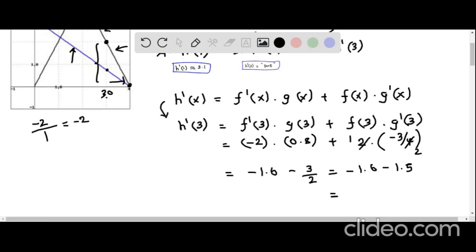And when we add these together, we get negative 3.1. This is once again approximate because we have approximated this value. So therefore, we say that h prime of 3 is estimated to be negative 3.1.